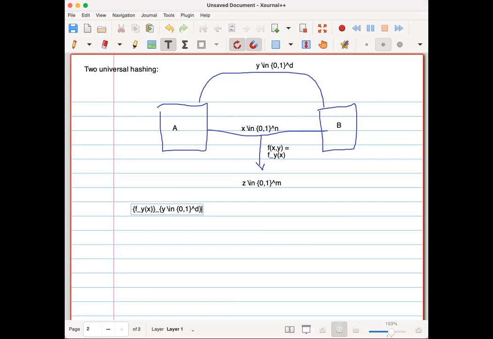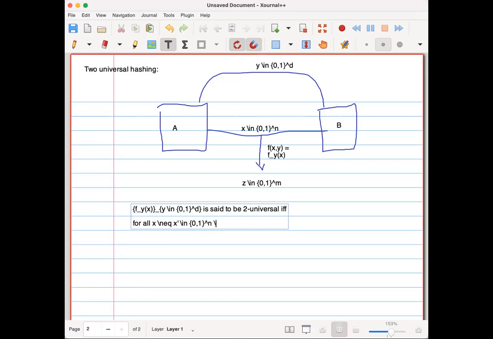So there are 2 to the d functions in the family. This family of functions is said to be 2 universal by definition if and only if, take any two bit strings x, x prime of n bits, different bit strings, x not equal x prime.